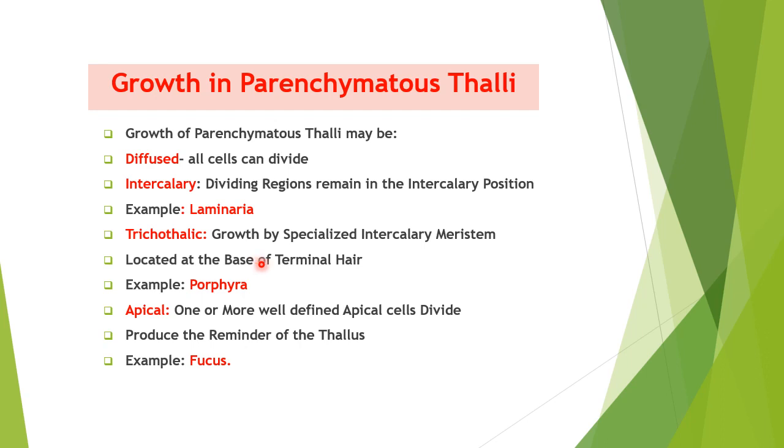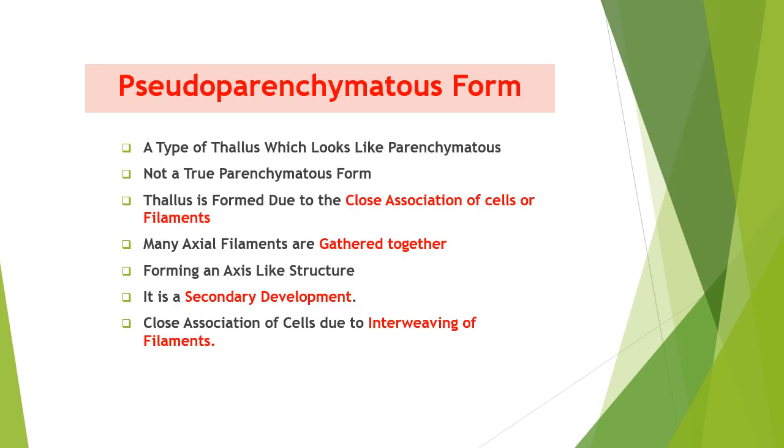Trichothallic is growth by a specialized intercalary meristem located at the base of a terminal hair, as in the case of Porphyra. Apical is where one or more well-defined apical cells divide and produce the remainder of the thallus, as you see in Fucus. When we discuss the individual genera, you will find these growth patterns in Fucus, in Laminaria and others, and how they take place there. But a passing reference is given here.